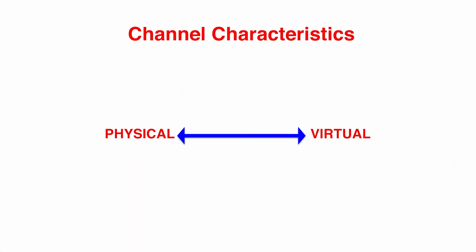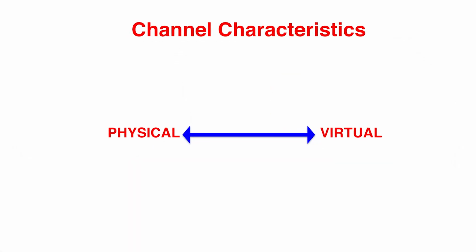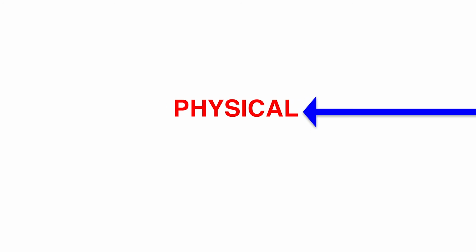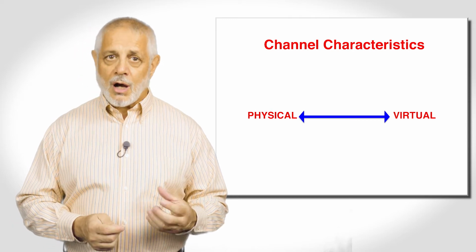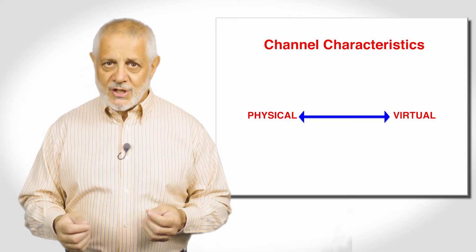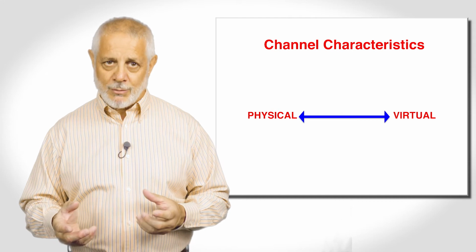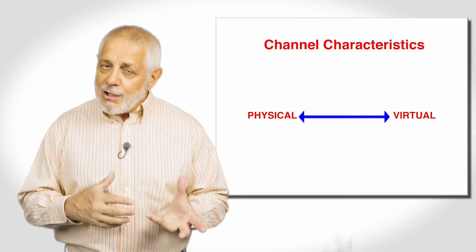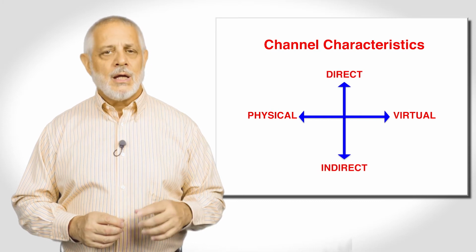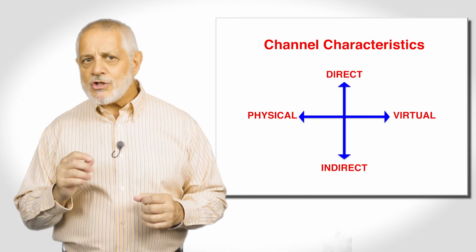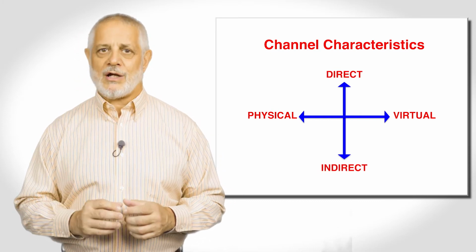There are two sets of characteristics important to understanding your channels. The first is whether the channels you will use are physical, sales force or retailers, or are they virtual? Websites, social media, platforms, such as a marketplace. Now, most businesses might use a combination of these two. The second aspect is whether the channels are direct or indirect.